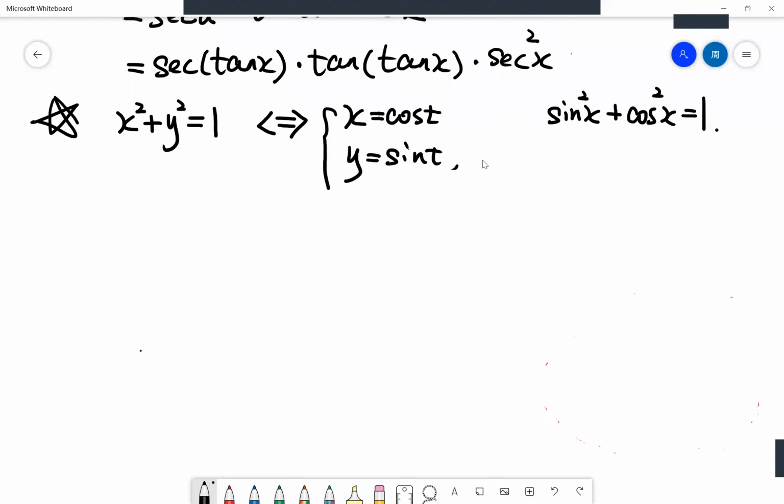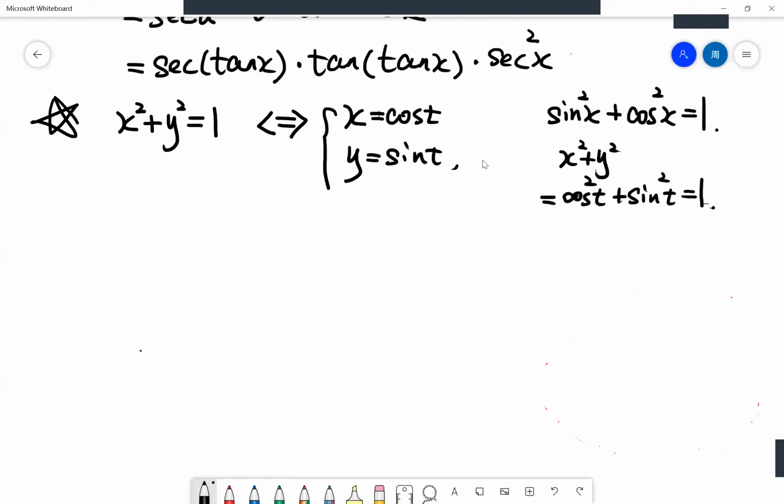So you will find that x squared plus y squared equals cosine squared t plus sine squared t equals 1, right? So these two equations are both equations for a circle with radius 1.